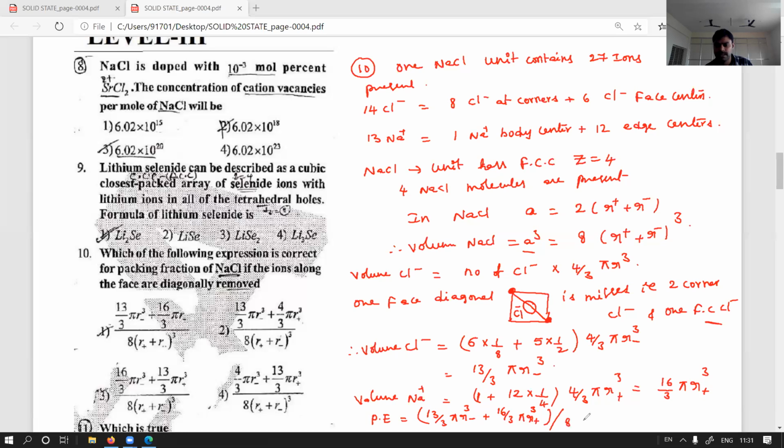The volume of the unit cell is nothing but 8 into r plus plus r minus, whole cube.